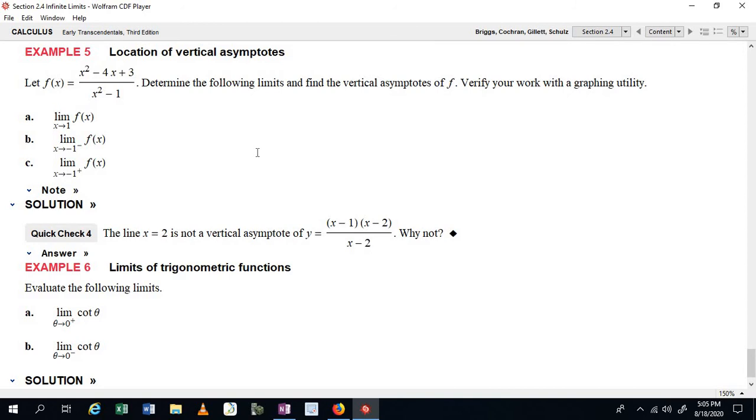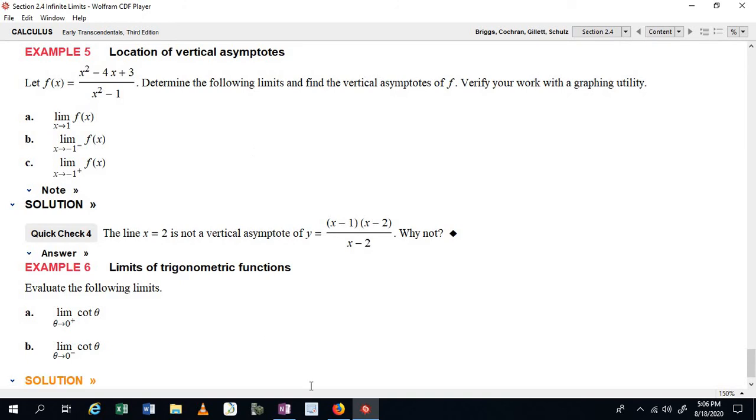I would never use the definition of a vertical asymptote to find the location of a vertical asymptote, at least for rational functions. I would just do it the way we just did it. That's a much easier way of finding vertical asymptotes. Having said that, let's go back to the definition of a vertical asymptote and just verify that the vertical asymptote that we found actually is a vertical asymptote under the definition of a vertical asymptote.